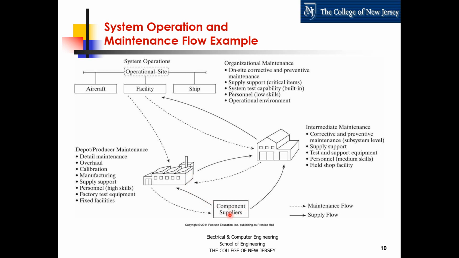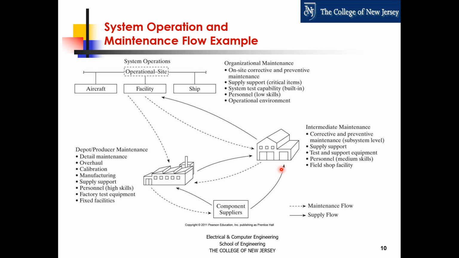So that is the maintenance flow, which is followed by a supply flow. Component suppliers can supply both the factory or this intermediate facility directly. That's important to know. That is a supply chain aspect that needs to be made part of the infrastructure.